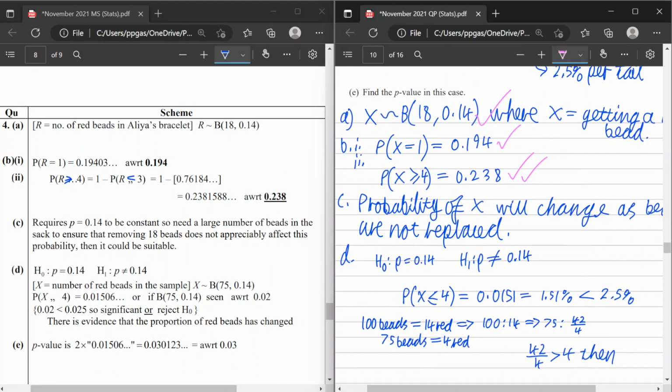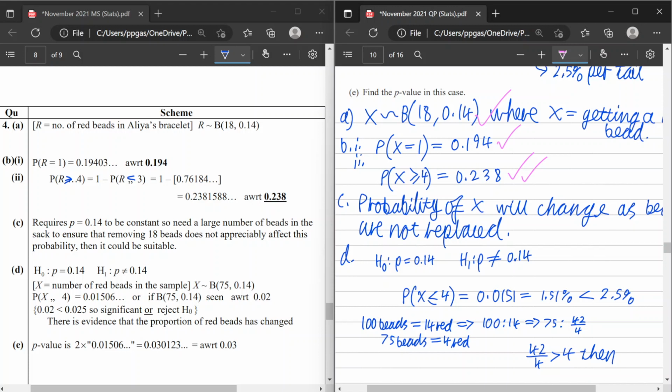Right, next one. Yeah, requires P equals 0.14. So I guess this is just your knowledge about what makes the binomial distribution applicable. I think it's the thing called FTSE. I can't remember exactly what all of them are. I probably should revise that actually. But one of them is that the probability will remain the same no matter what.